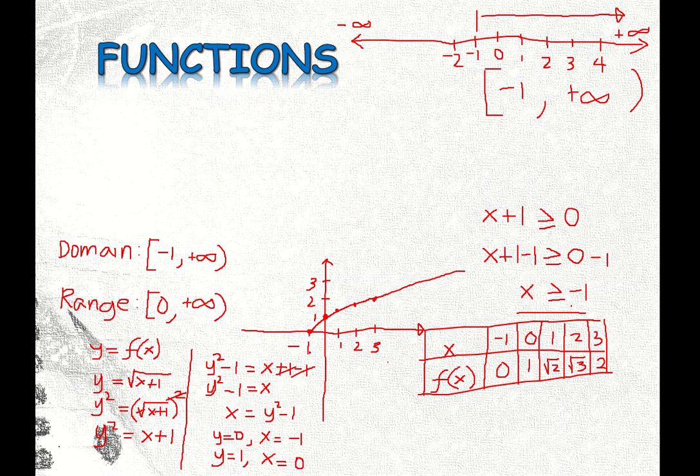When y is positive 1, so here, this is our y, y equal to fx. So this is our x-axis. So when y is equal to 1, our x is equal to 0.